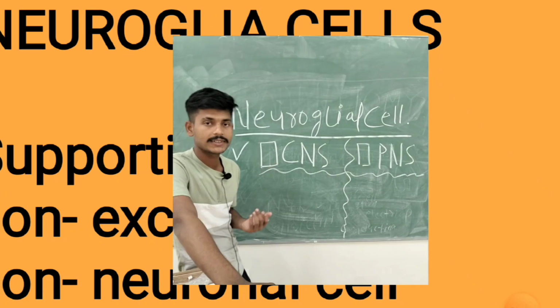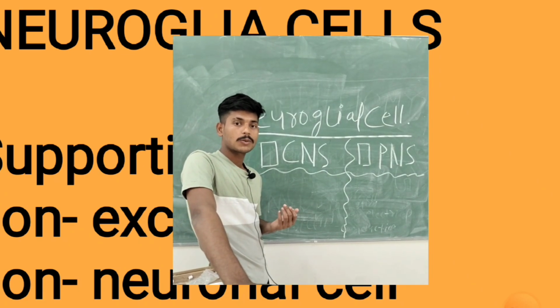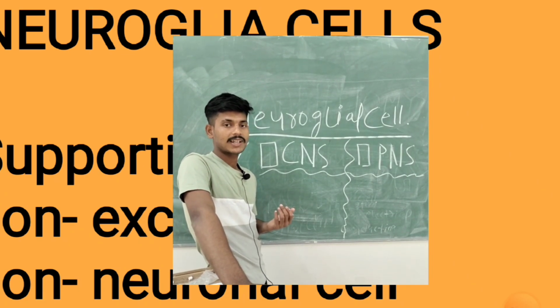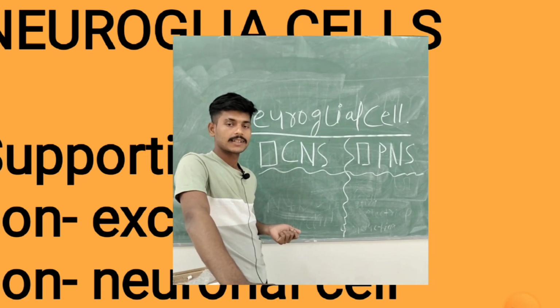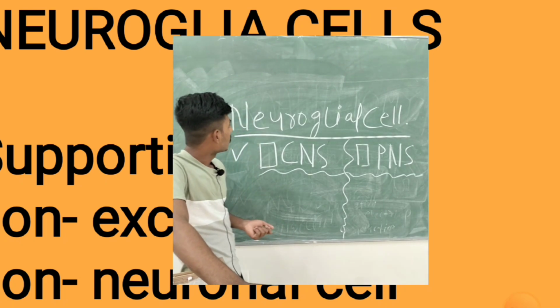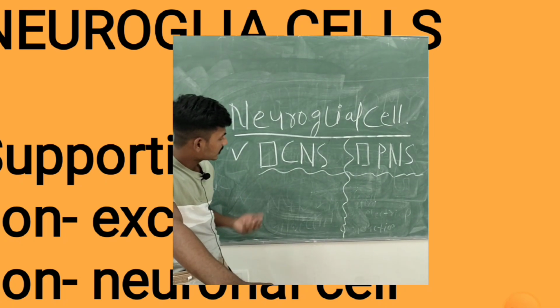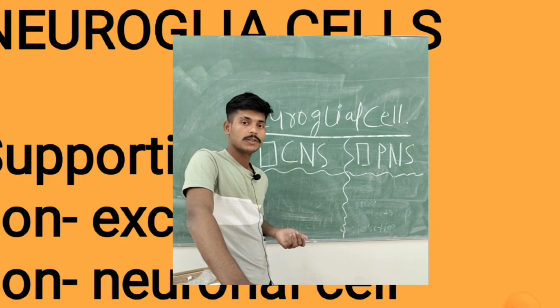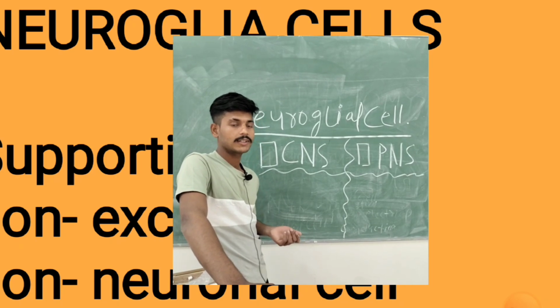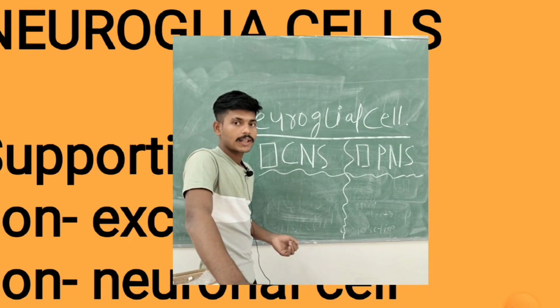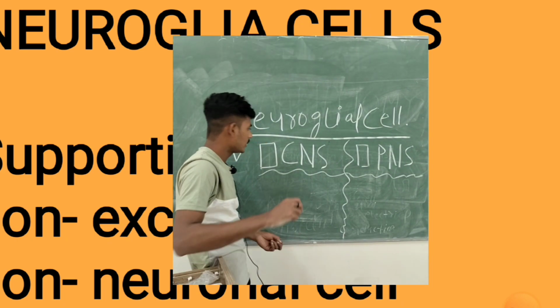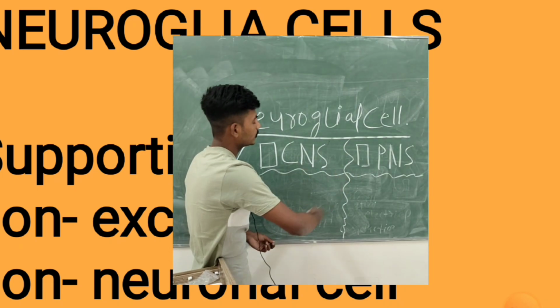Then there is another disease called Charcot-Marie syndrome, in which degeneration of the myelin sheath is happening. Apart from these, there is another disease called GBS, Guillain-Barré syndrome. All these diseases are associated with neuroglial cell deformities or dysfunction, impairment in the neuroglial cells.